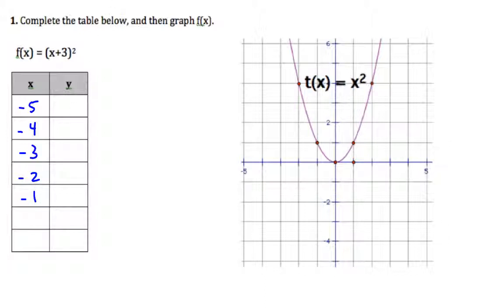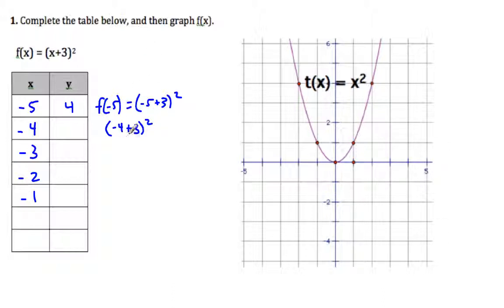I'll start with the first one. We get f of -5 is equal to -5 plus 3 squared. -5 plus 3 is -2, but when we square it, we get +4. So this is 4. -4 becomes -4 plus 3 squared.